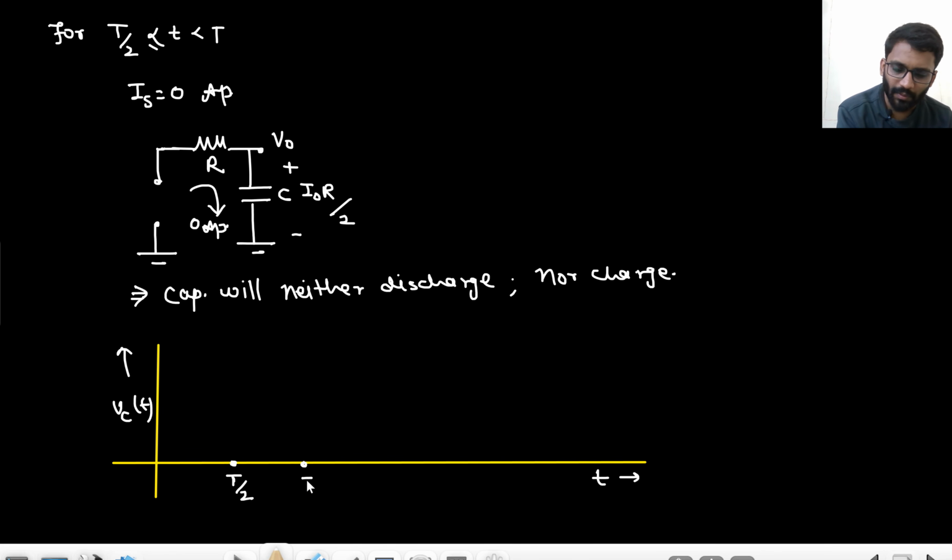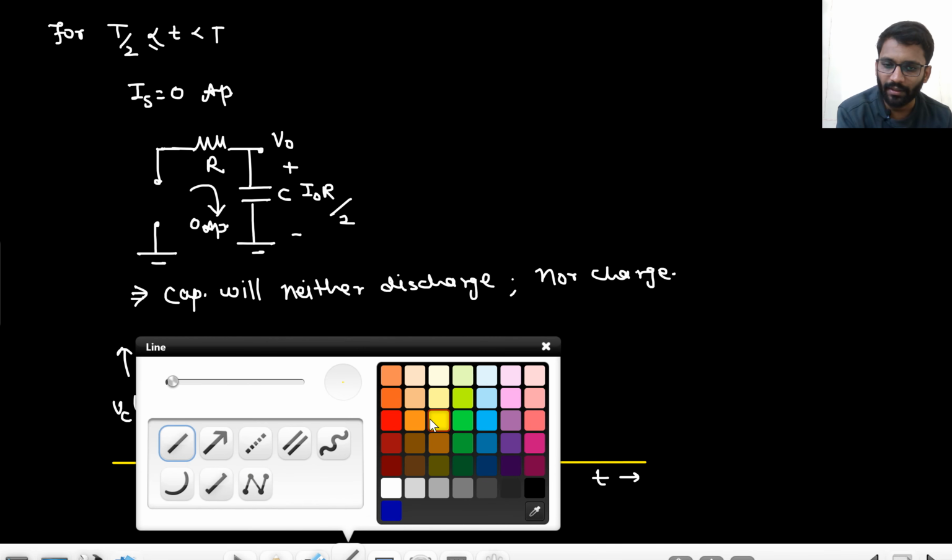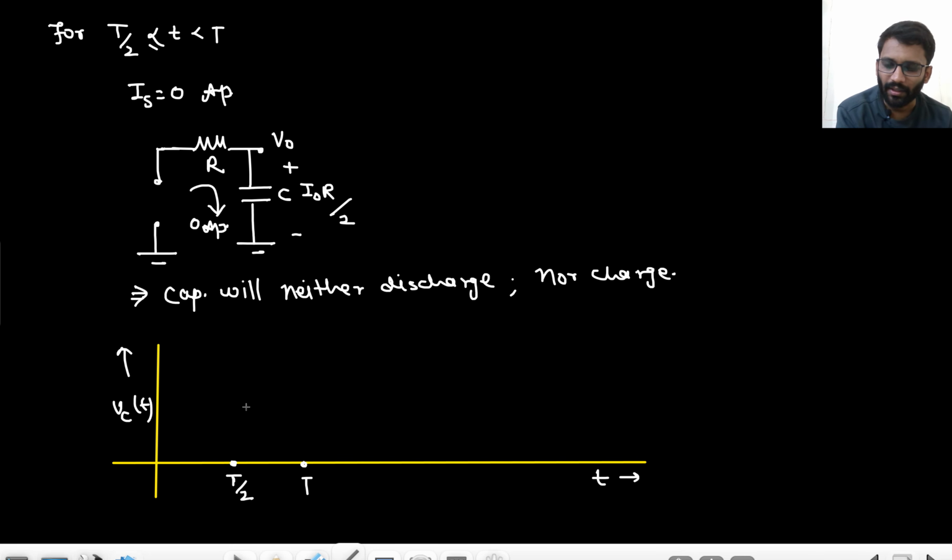From T by 2 to T, it will remain at I naught R by 2, because the capacitor is neither getting charged nor getting discharged.